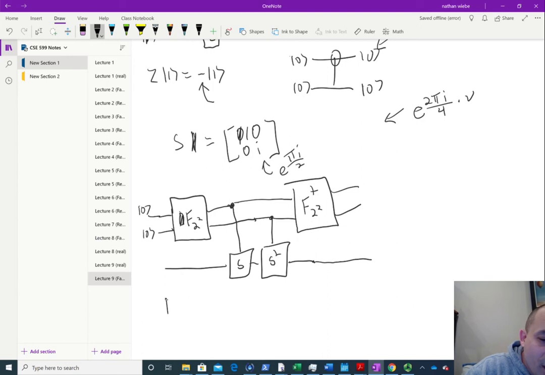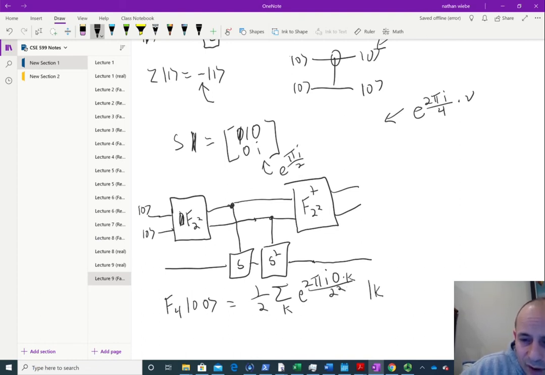If we recall, F4 acting on 0, 0 is equal to 1/2 sum over k of e to the 2 pi i 0 k over 2 to the 2, k.